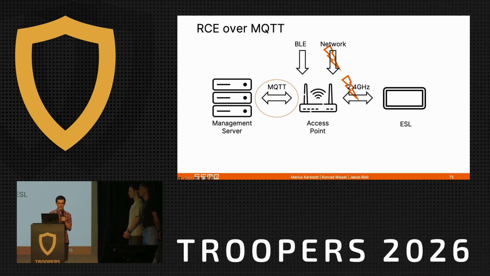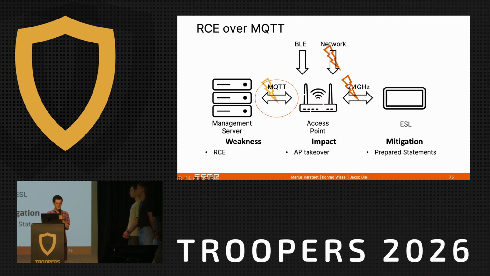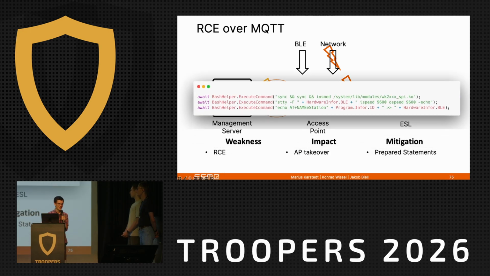But from the other side, we just have an RCE. This is quite bad because if you remember, we can edit the settings of the access point, and one part of the settings that you can edit just gets inserted into bash directly, and we can just use our typical bash injections to do whatever we want as root on the access point, because the program is of course running as root.